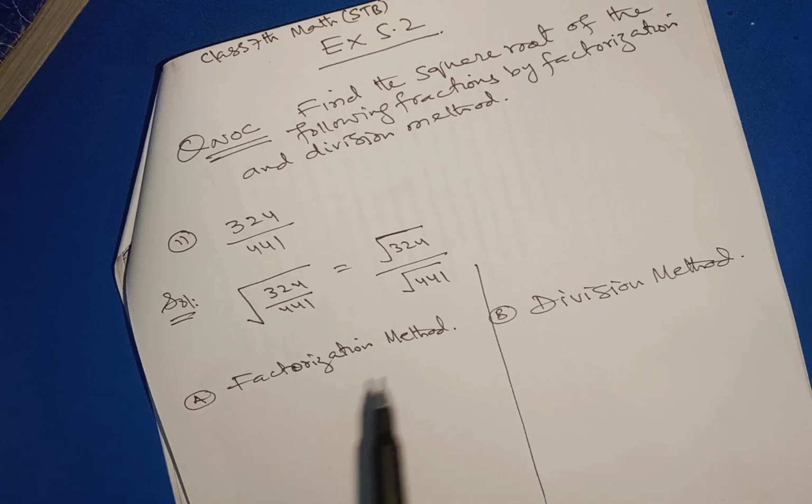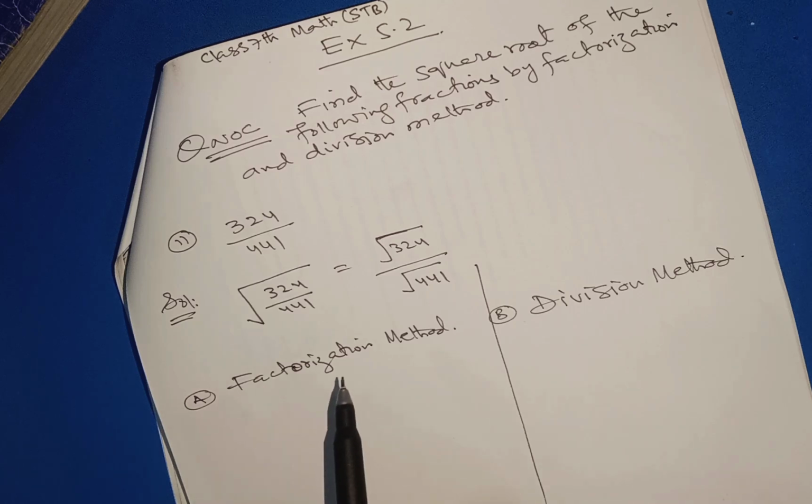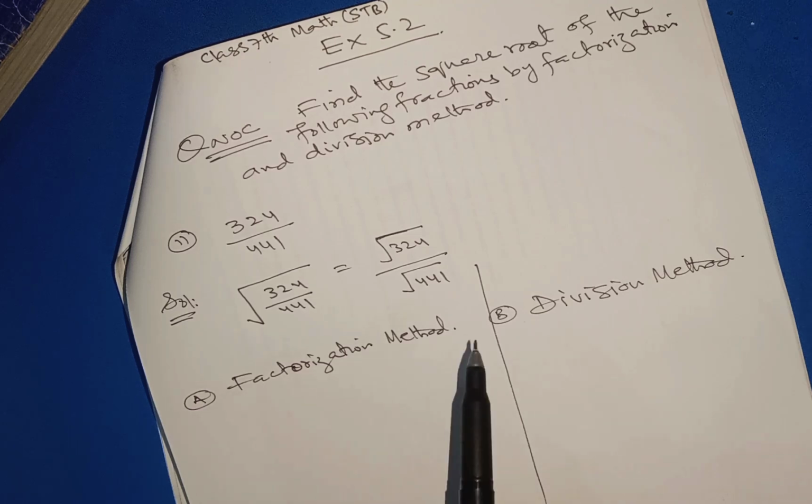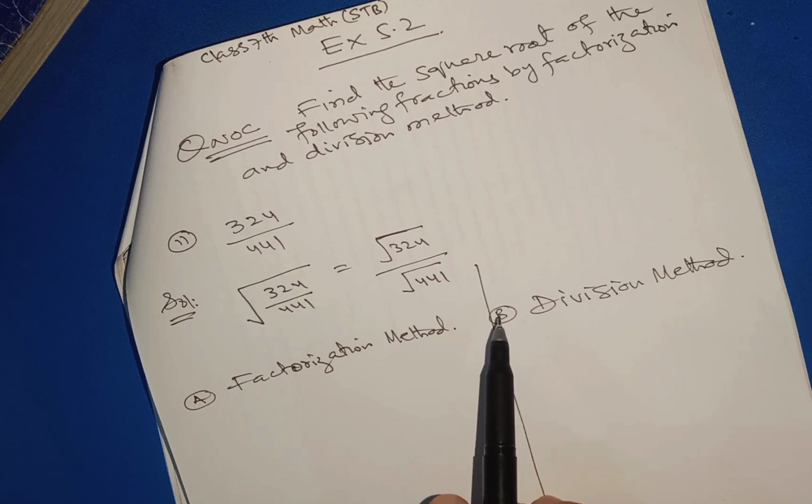So you will not be able to find the decimal value of the square root of that problem. So the mathematicians needed another method which can solve all the problems of finding square roots.